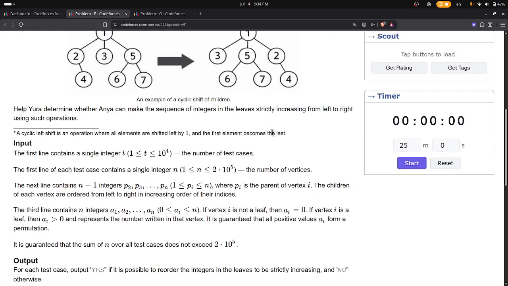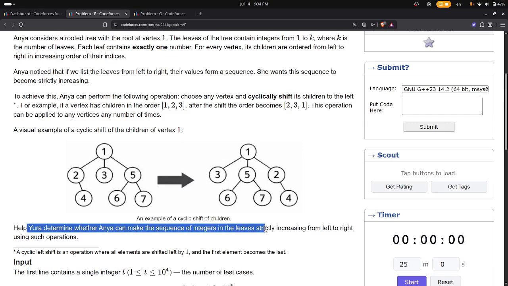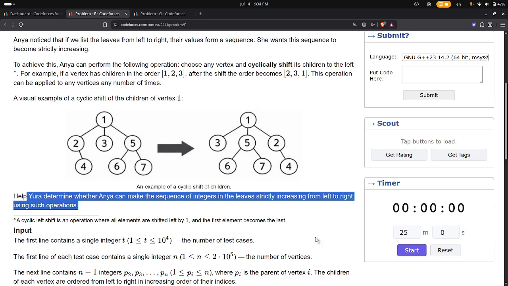Strictly, okay. So determine whether we can make the sequence of integers in the leaves strictly increasing from left to right using the operation.